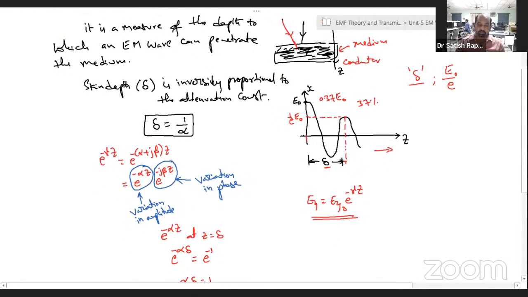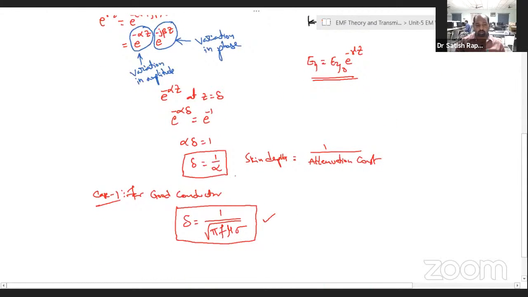And skin depth is equal to 1 by attenuation constant. So here, e power minus gamma z, and this is all the derivation part, how we can derive this.